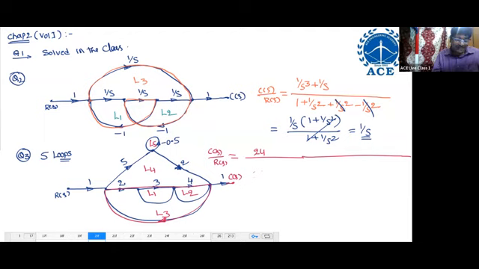L4 like this, this is L4. Right. Next. So for the first forward path 2, 3, 4, L1, L2, L3, L4 touching, L5 non-touching. So 1 plus 0.5.